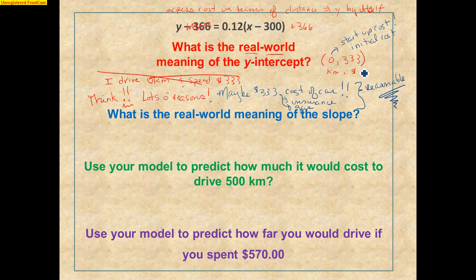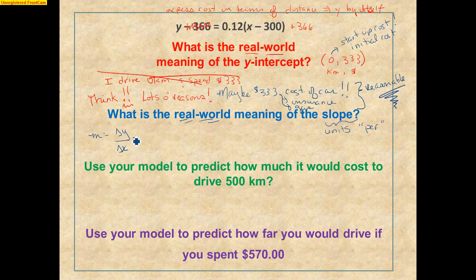Alright, the next common problem is to ask about the real world meaning of the slope. What they're actually asking you for here is to use units and to use the word per. Remember, the slope I wrote before is the change in the vertical compared to the change in horizontal.